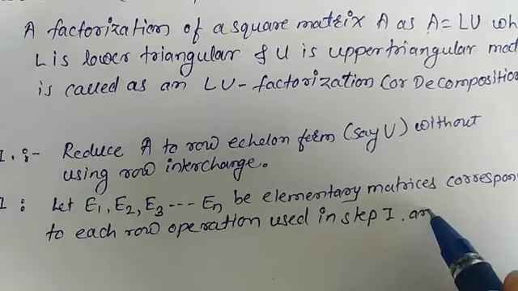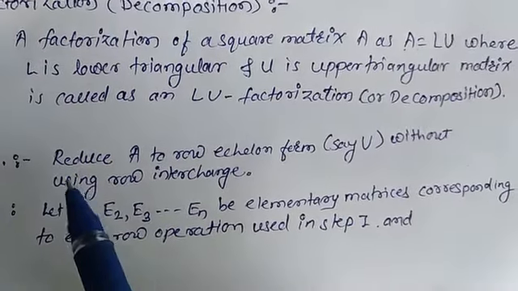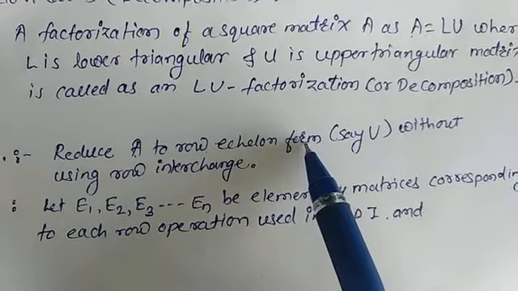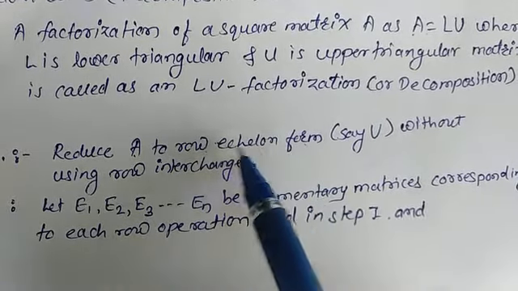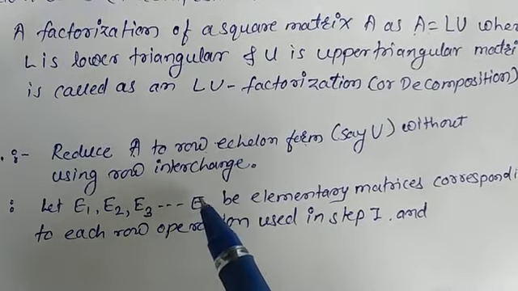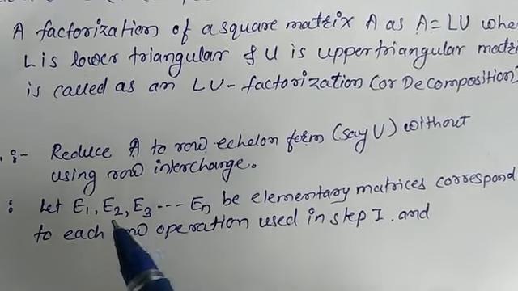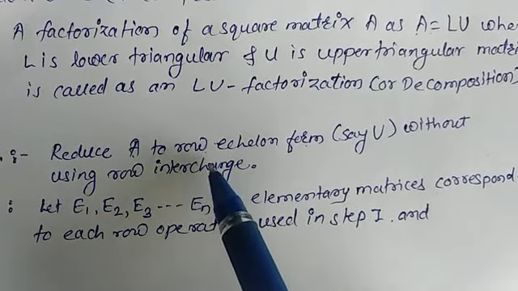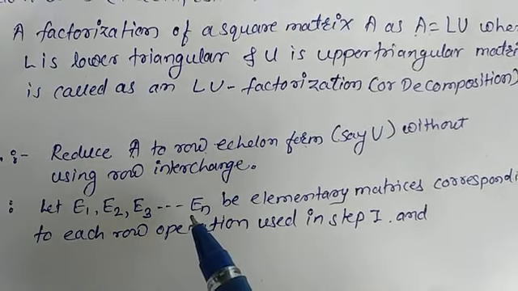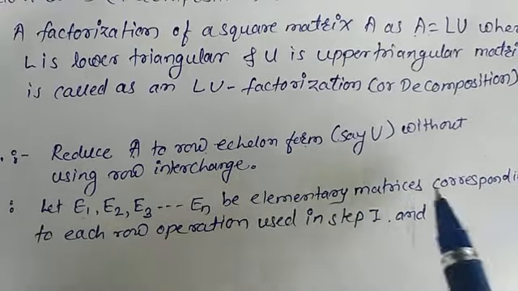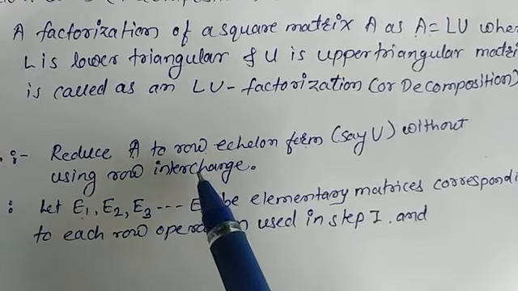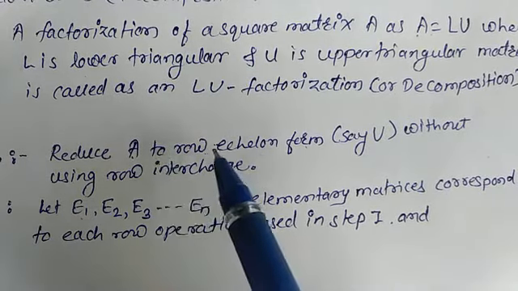When we are converting matrix A to row echelon form, we use row operations, and those row operations we have to use as elementary matrices E1, E2, E3 up to En, corresponding to each row operation used for A to row echelon form.